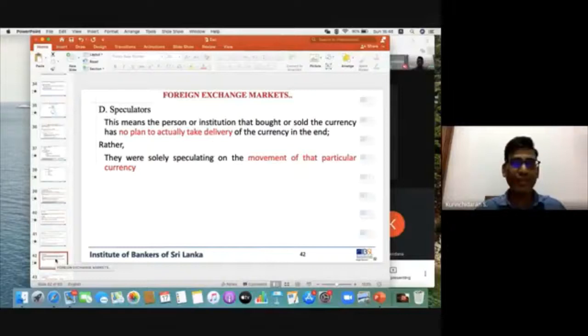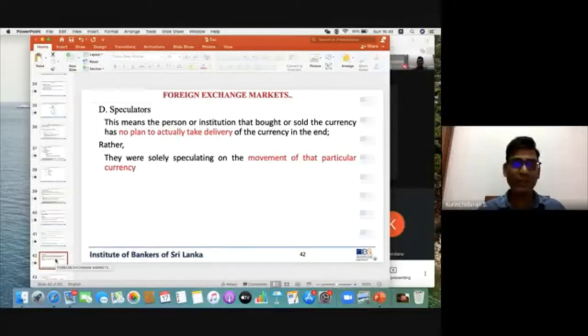They don't go for delivery. Within the time, they again do the counter transactions and square the position. What they do is try to get profit out of the movement of that particular currency. A huge quantity is done by speculators.